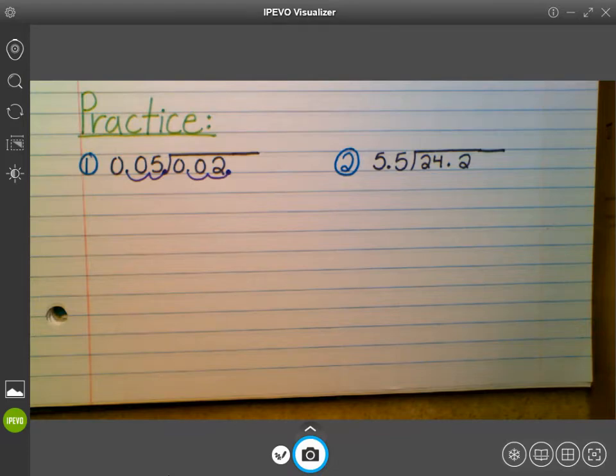So keep the decimal point, but if you needed to erase those zeros, you could. Make sure you keep the decimal point where it is.